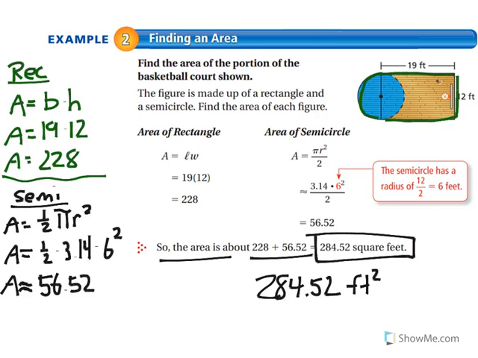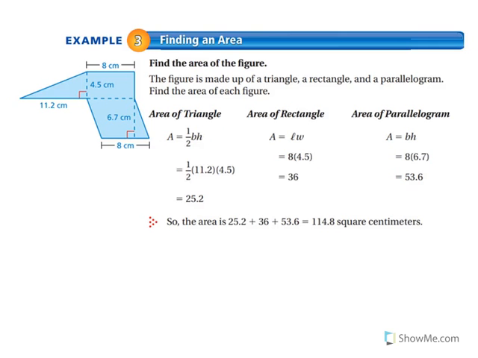So the area is about 284.52 feet squared. Make sure when you're doing a word problem that you use a complete sentence. So you can put down, the area of the basketball section is, and then write it down.